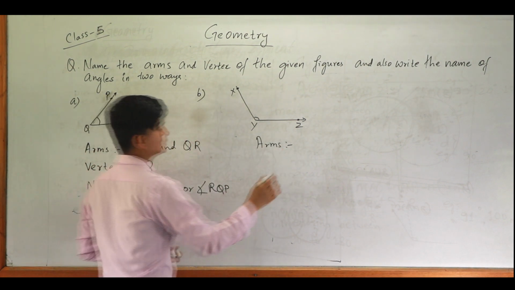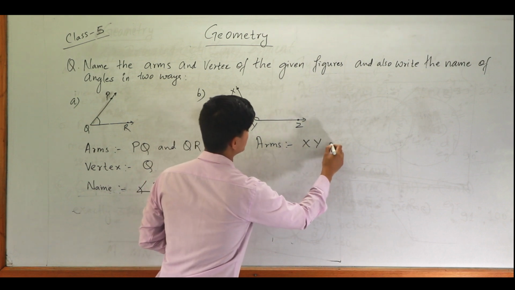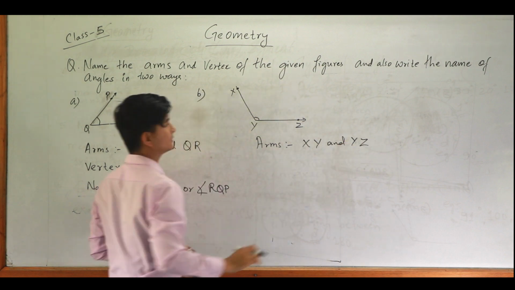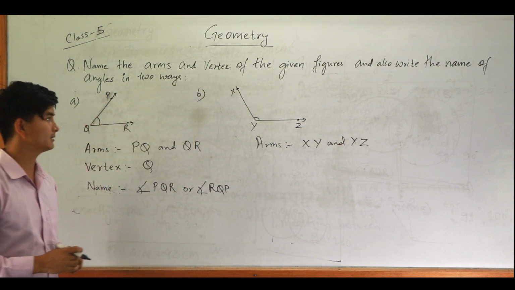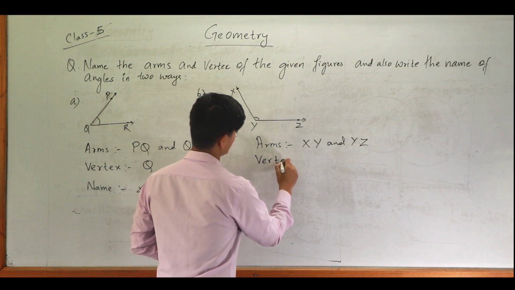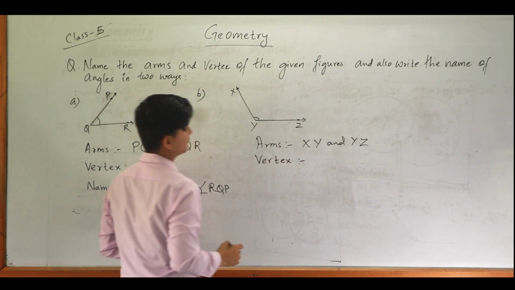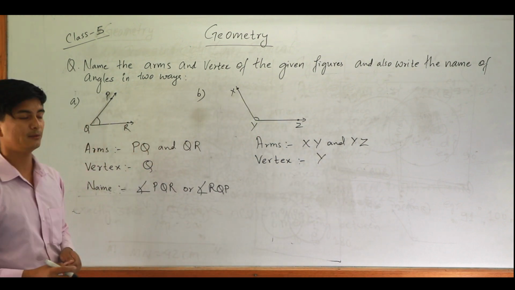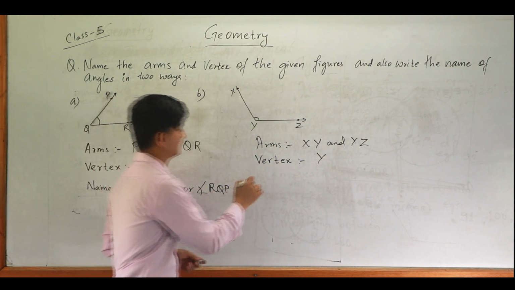In a similar way you can write this one like this. Arms are XY and YZ, so these are our arms. Hope your answer is correct. Now vertex, our vertex is Y. Yes. Now next, the name.